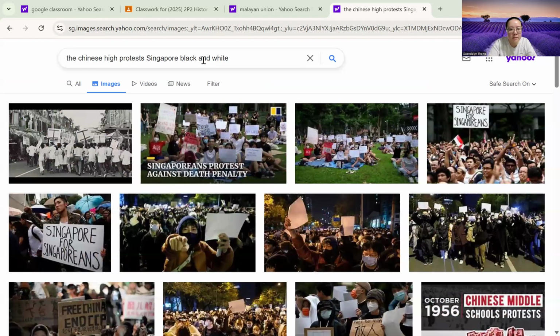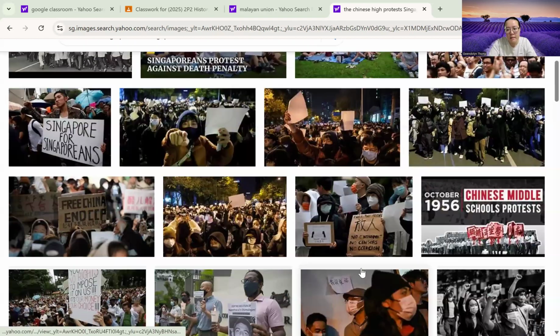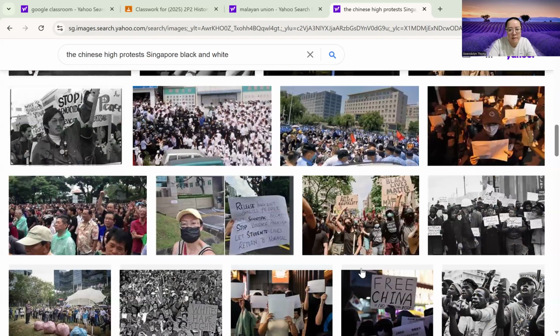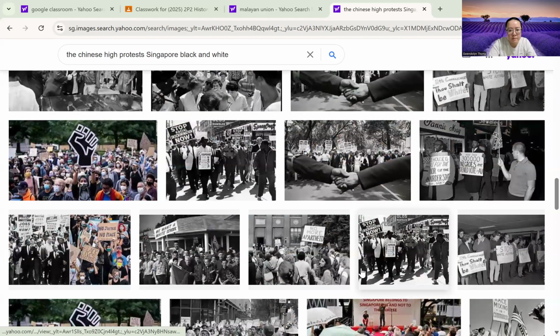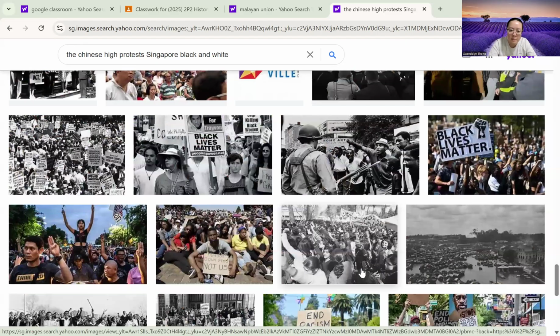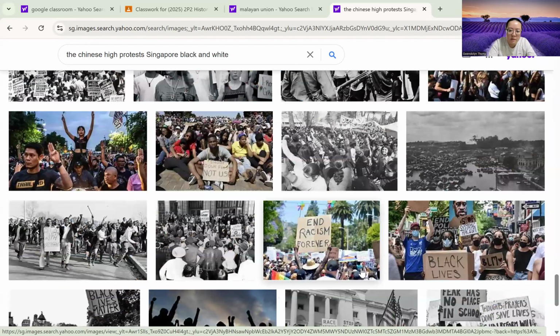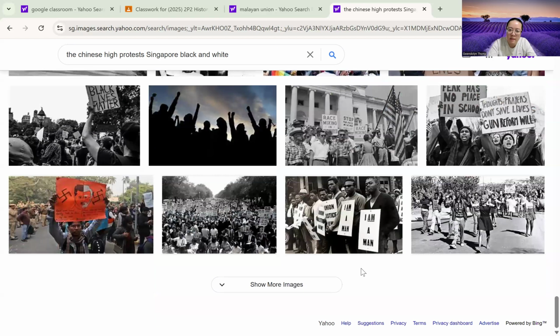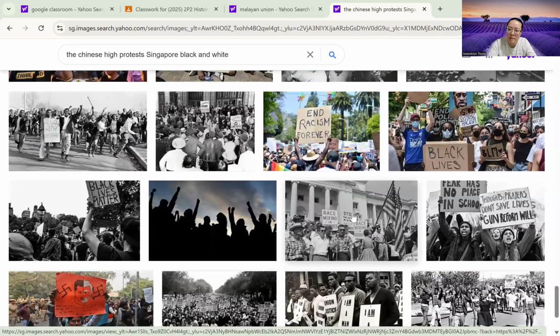You can simply Google it to see some of these pictures that emerge. Yeah, I guess it wasn't specific enough. But even when you look at protest pictures from all around the world, I think you see some very consistent features. You see that there are posters, you see that there are people marching.